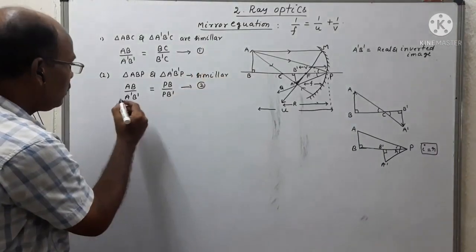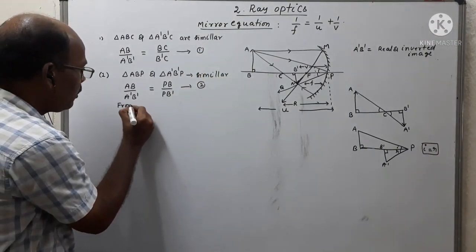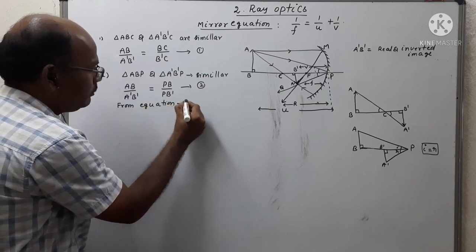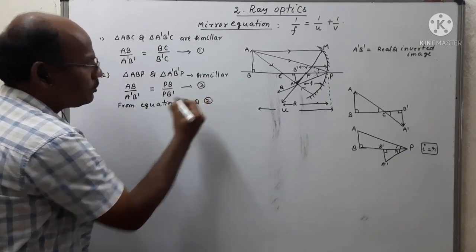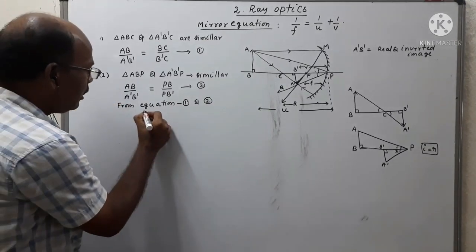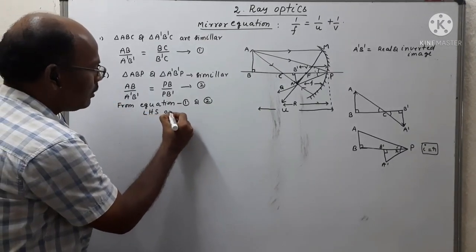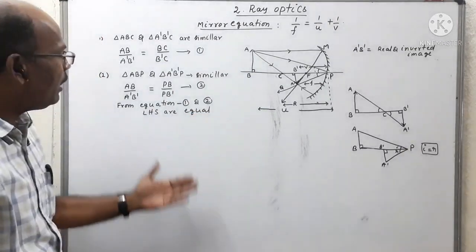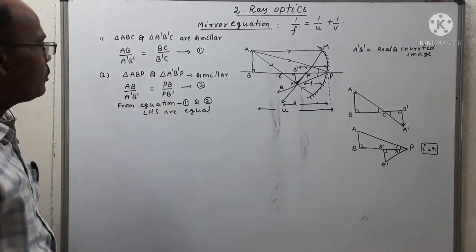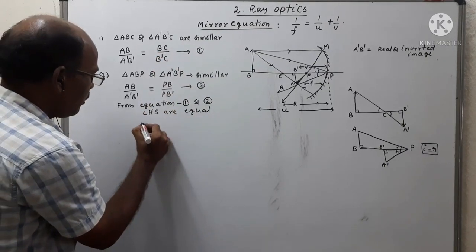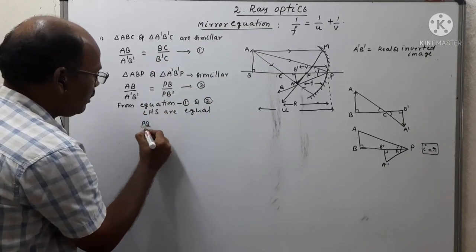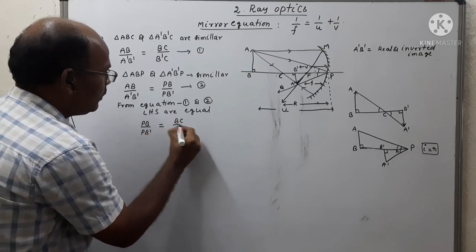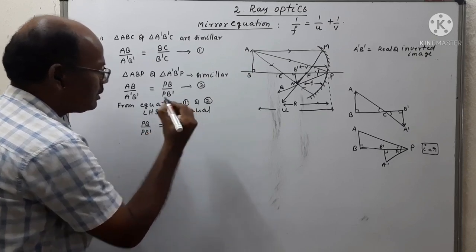So from equation 1 and 2, the LHS are equal. So compare the right hand side values. So we can write PB by PB dash is equal to BC by B dash C.